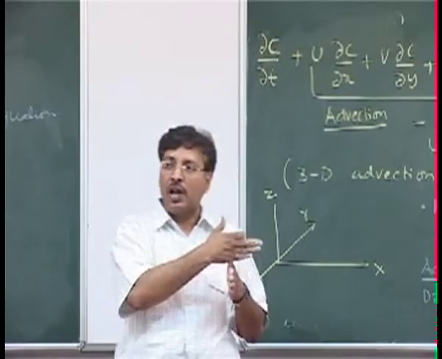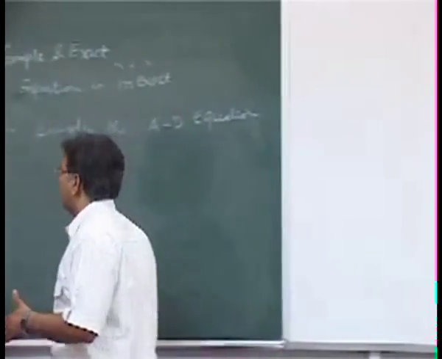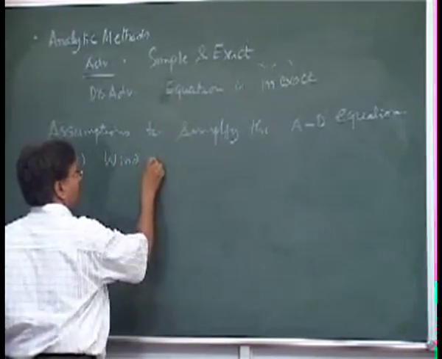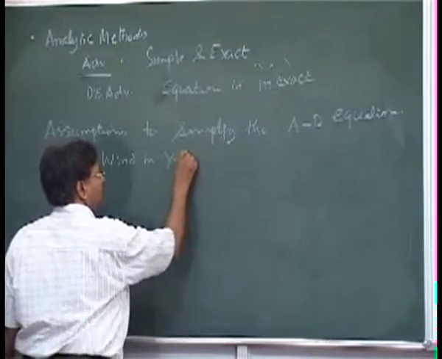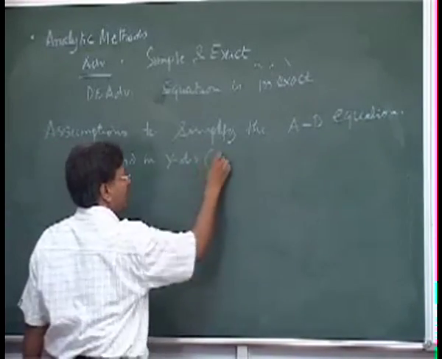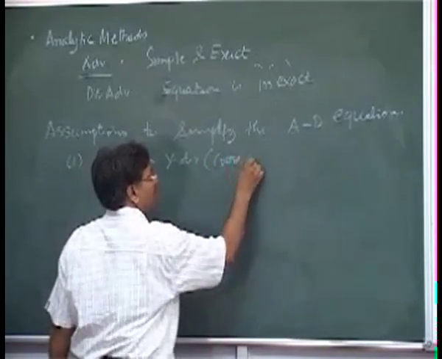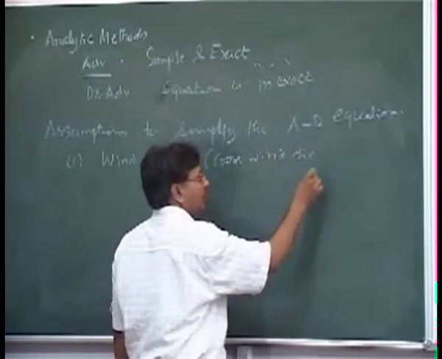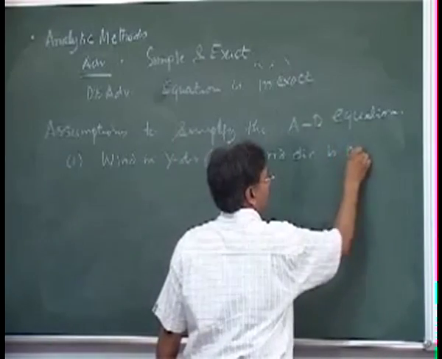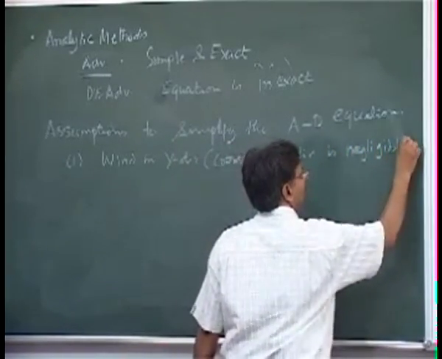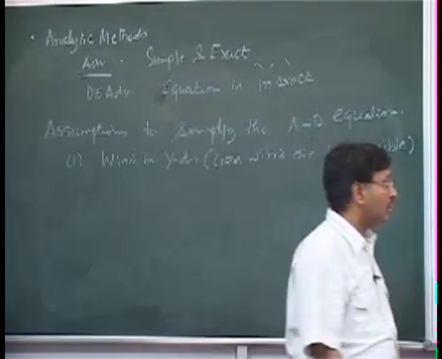So the wind in the y direction, or more commonly the cross wind direction, is negligible. What do I do?